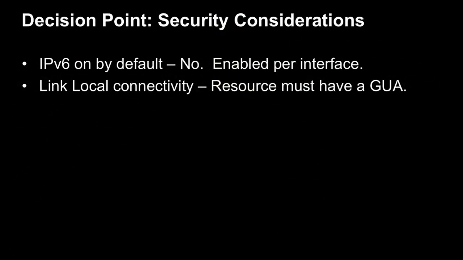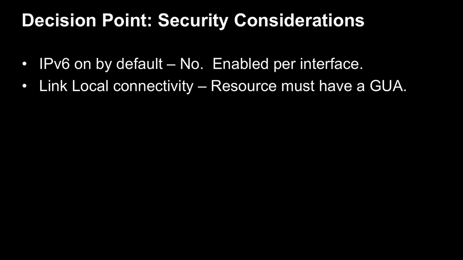That ties into the second point here. Link local connectivity is not enabled by default. And what I mean by that is most operating systems that launch on EC2 today have an IPv6 stack. That stack will have a link local address. And if you just launched and these instances were able to communicate with each other over link local addresses, applications might start using them. And in fact, that may present security risks to you.